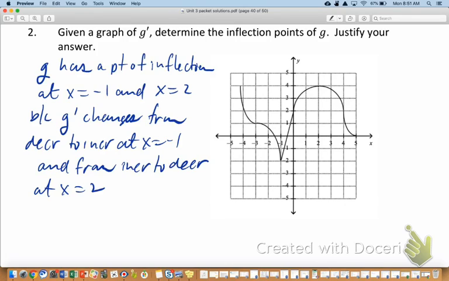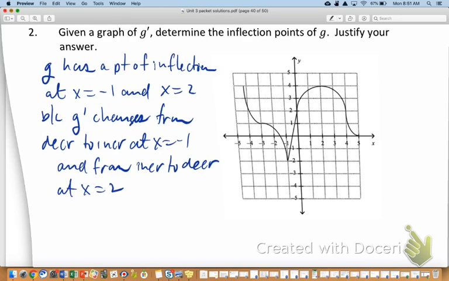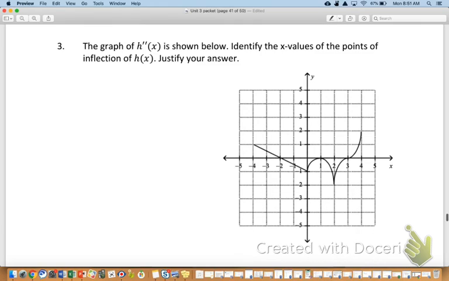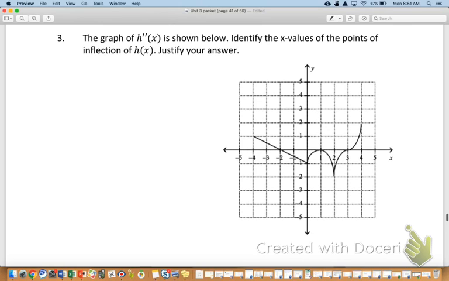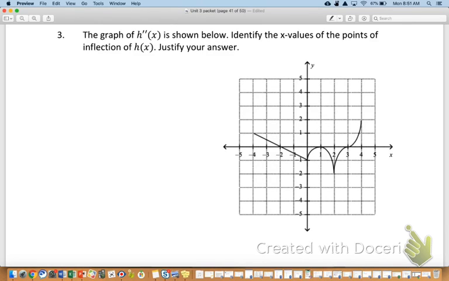Let's do number 3. We might get through most of our examples today. How lovely is that? All right, here is number 3. So maybe you can see how you have to be nimble. And number 3, once again, I gave you a graph, but this is a graph of H double prime this time.